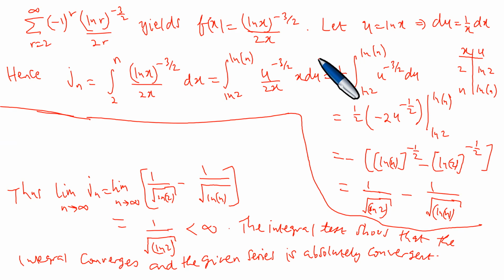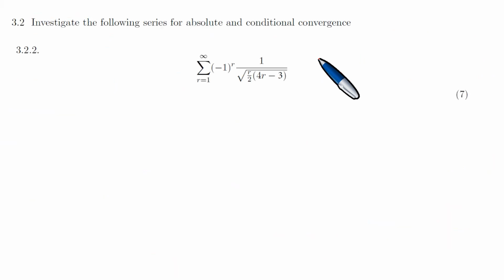Right, next question. Investigate the following series for absolute or conditional convergence. It's similar. We continue to do this one. Let's investigate this one for absolute or conditional convergence. First things first.